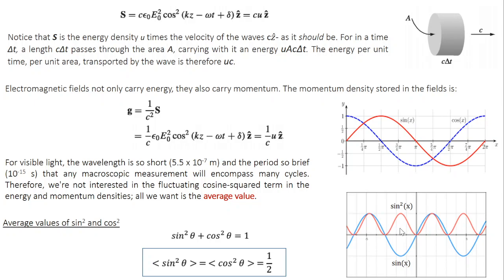So if you compare these two, previously I had half positive area, half negative area. Now I have both positive areas. Same way for cosine squared x also I have both positive areas here. And we also know the trigonometric relation sine squared theta plus cos squared theta equal to 1.